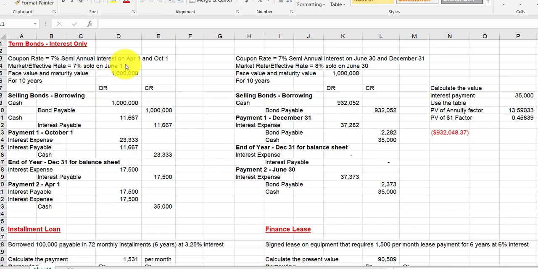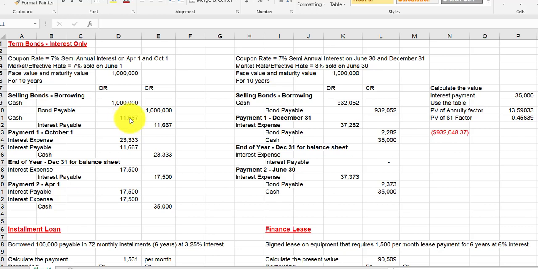Now, because this started on April 1st and we didn't get it in the hands of the lenders until June 1st, then we're going to charge them the interest for those 2 months, April and May, and obviously June it's already there.